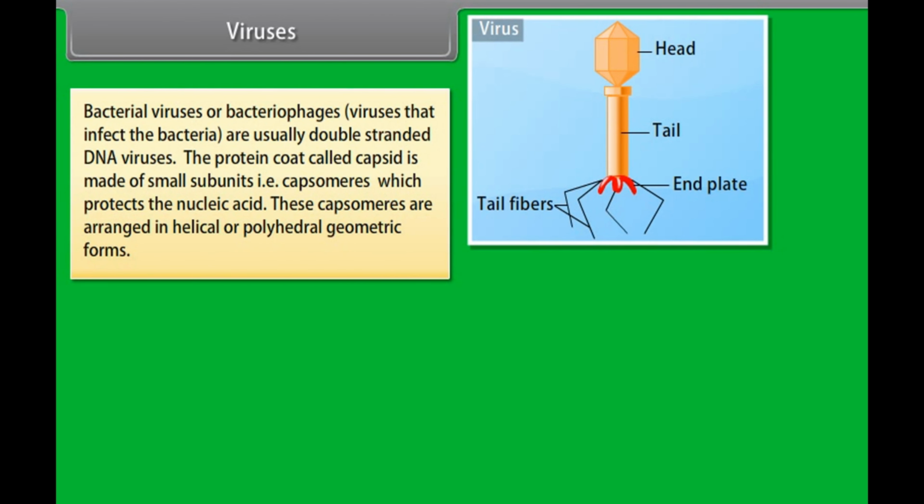Bacterial viruses or bacteriophages are usually double-stranded DNA viruses. The protein coat called the capsid is made of small subunits, that is, capsomeres, which protect the nucleic acid. These capsomeres are arranged in helical or polyhedral geometric forms.